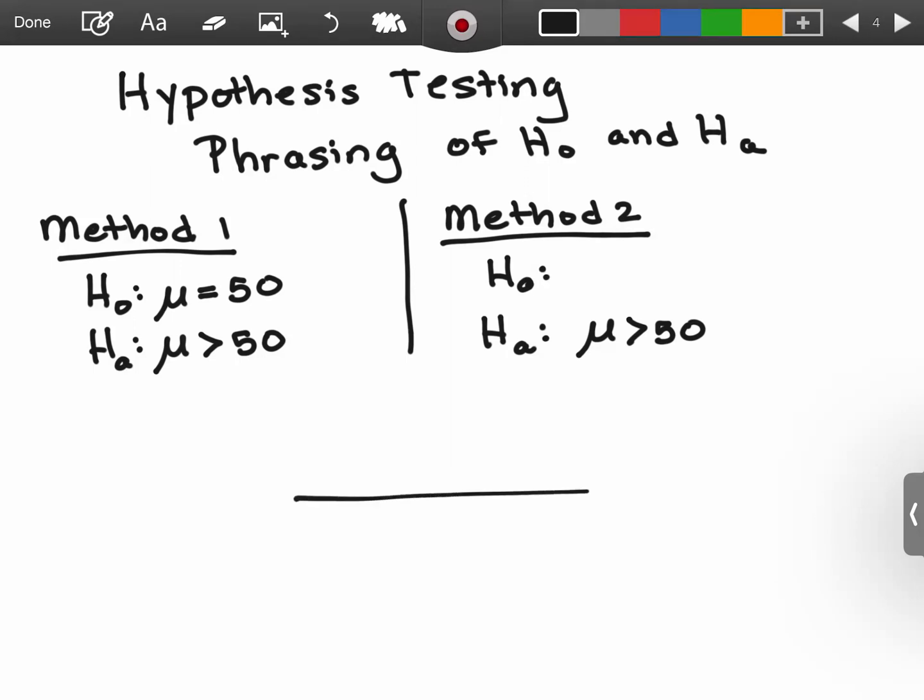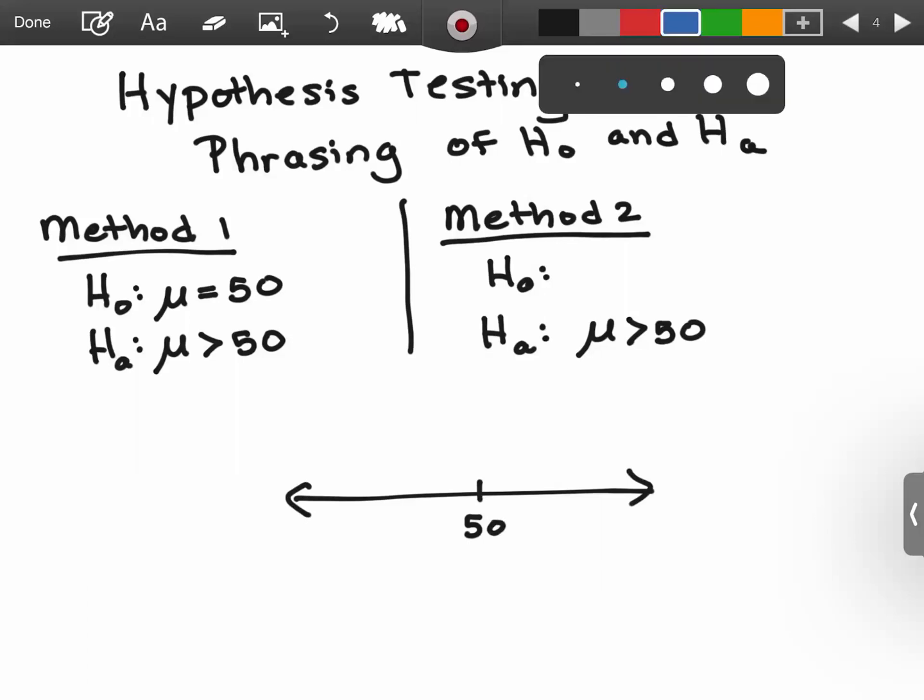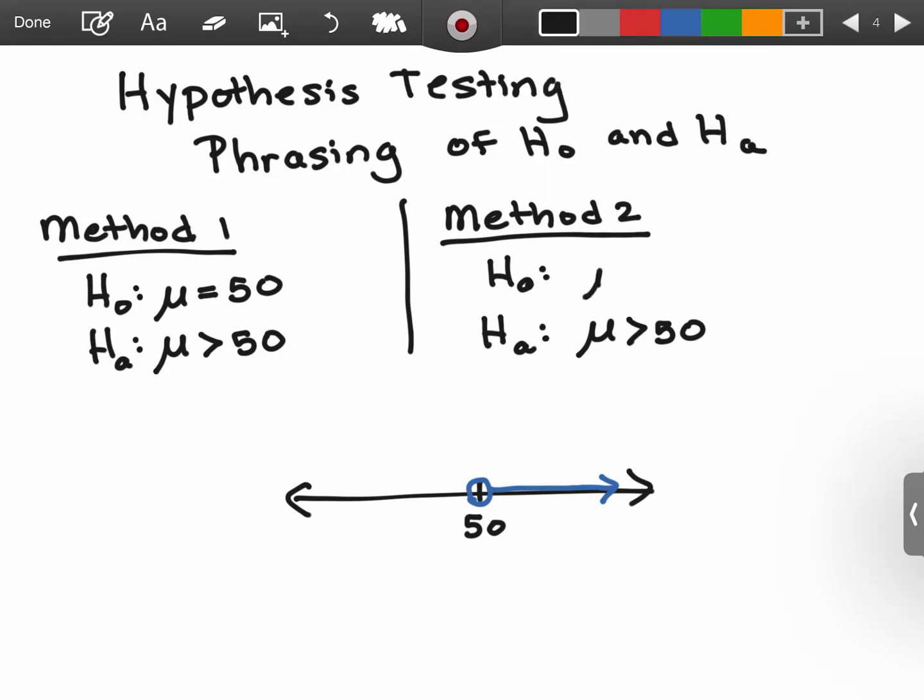If you think of a number line here, and this is 50, and the alternative hypothesis is that the mean has to be bigger than 50, then everything else would be covered under the null hypothesis. That would include every number below 50, but also equal to 50. So the null hypothesis would be that the true mean is less than or equal to 50.